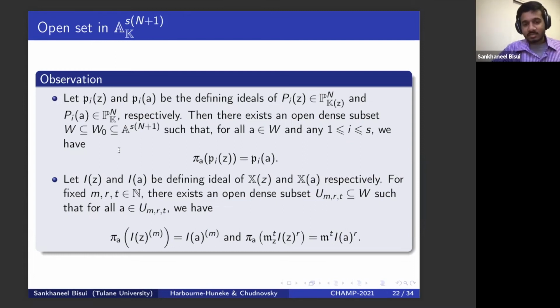And it tells us more: if we take the symbolic power or the ordinary power of those ideals, then there exist open sets, and the open sets depend on the power each time, such that the specialization of the symbolic power is going to be the symbolic power of the coordinate-wise replacement. Similarly, the specialization of the ordinary power will be the ordinary power of the coordinate-wise replacement.